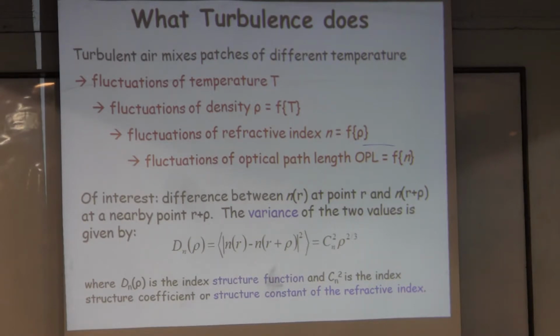Okay? Now, if you have fluctuations in the density, you have fluctuations in the refractive index, because the refractive index is a function of the density. And because you have fluctuations in the refractive index, you also have fluctuations in the optical path lengths. So the light that passes from your distant star through the atmosphere.